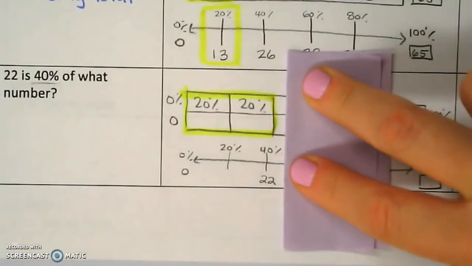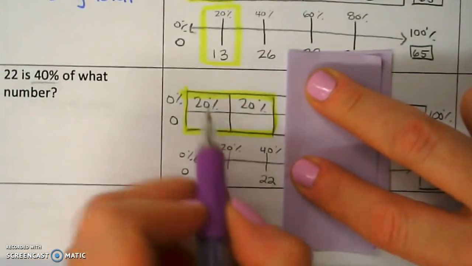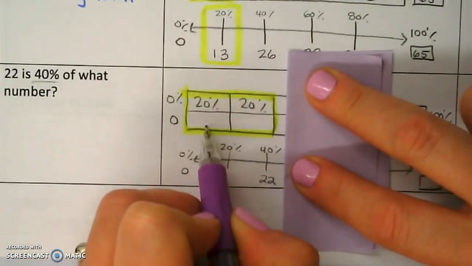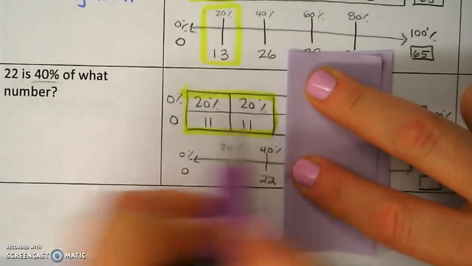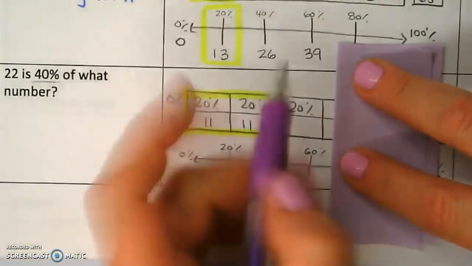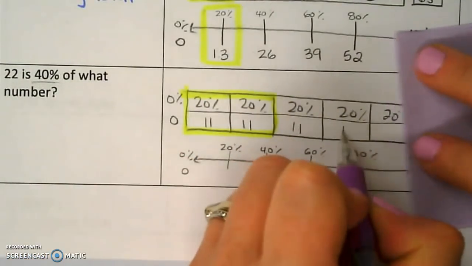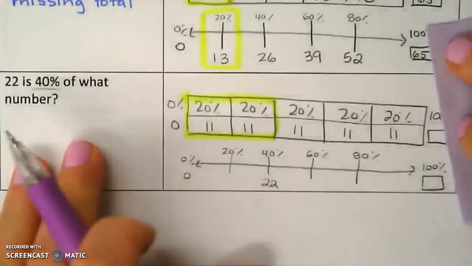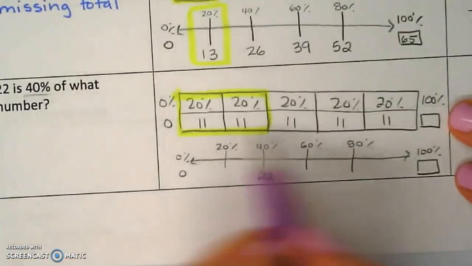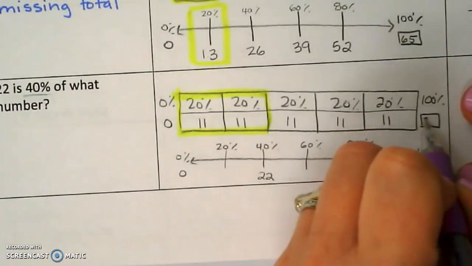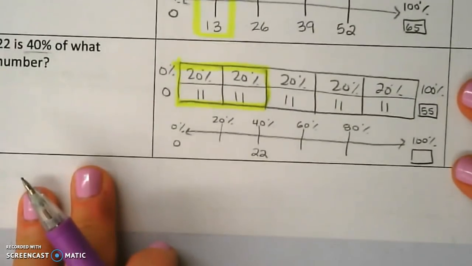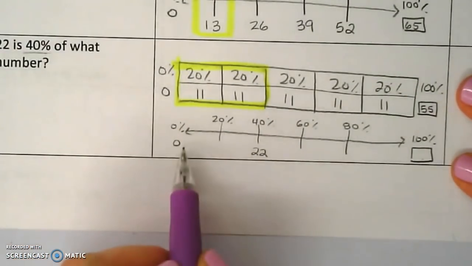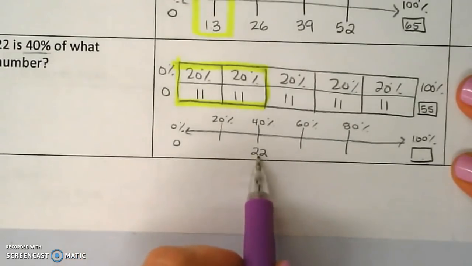Well, if this piece is 22, we need to share that 22 between each one of those boxes. And 22 divided by 2 will give us 11. So each one of those 20% pieces is 11. And 11 times 5 is 55. We're going to get the same answer when we solve it down here with a number line, because we knew that 22 was 40% of a number.